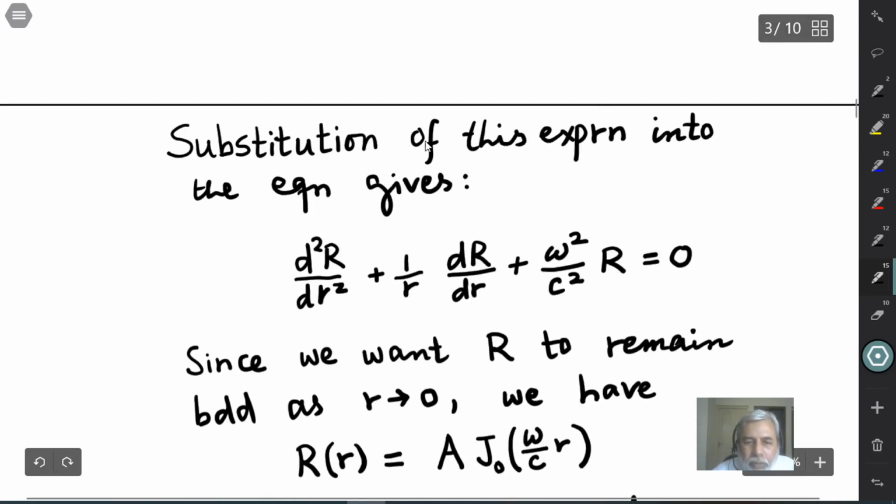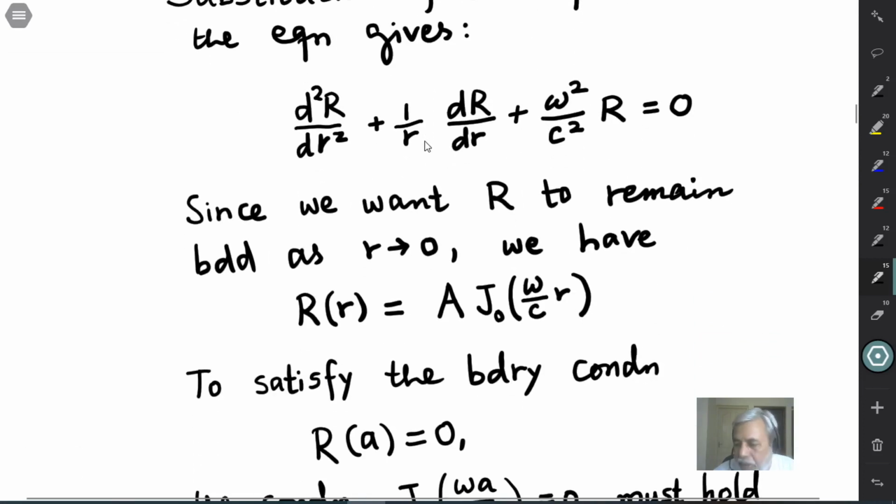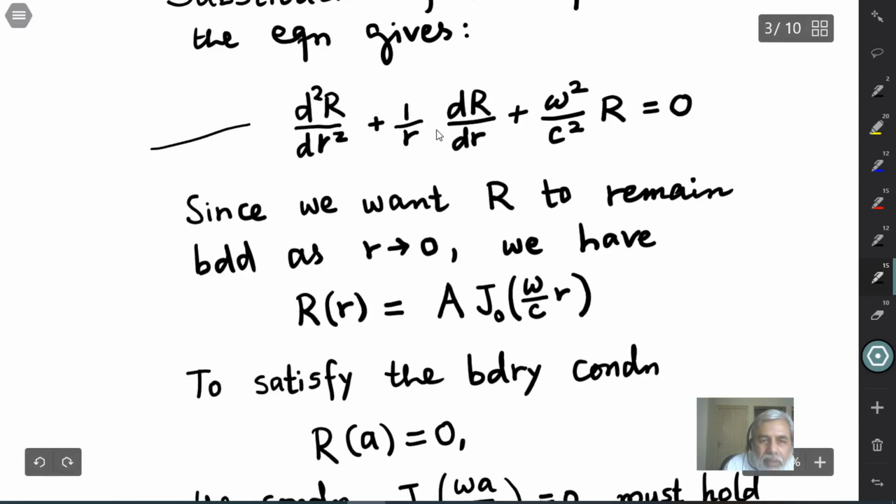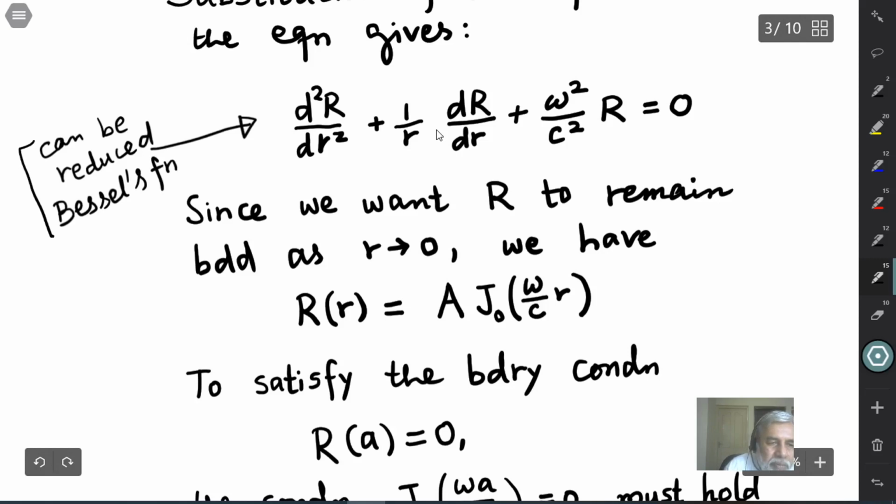With some simple change of variable, this can be reduced to Bessel's equation. We come across this Bessel function in many situations in this course.